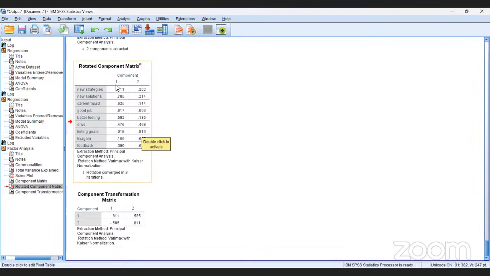So if we get the factor score of these 6, for example, okay, Shima, are you here? Yes, sir. So please write down new strategy, new solution, career impact, good job, and better feeling.